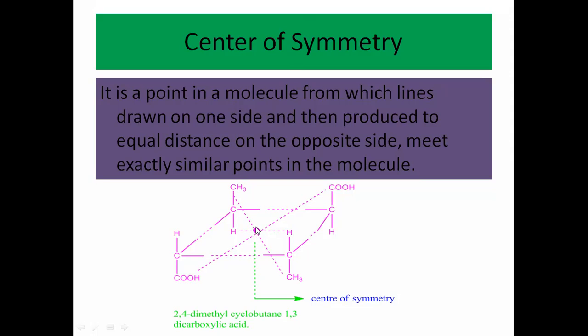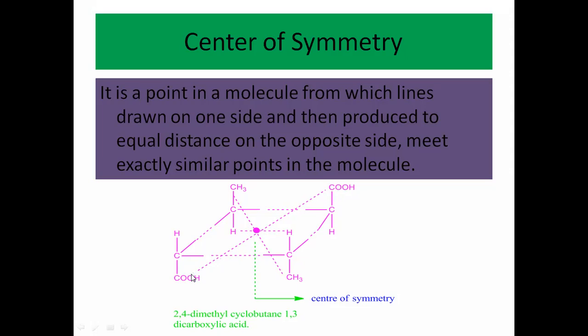It is a point in a molecule from which lines drawn on one side and then extended an equal distance on the opposite side meet exactly similar points in the molecule. Here it is the point. Here is a dotted line. If we draw a line from here to here, here is a COOH group, and the same from here in the opposite direction, we draw the line.